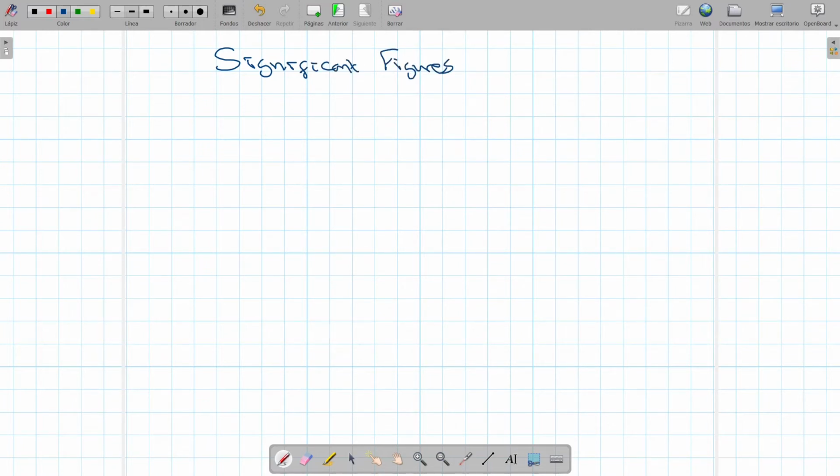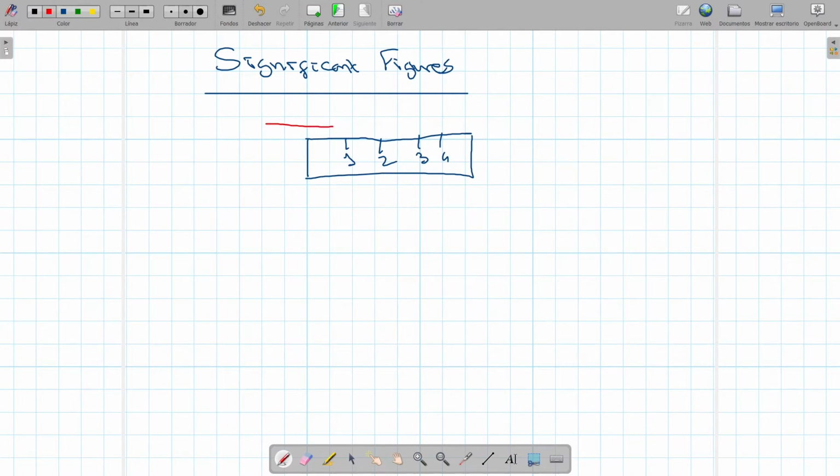Significant figures is a concept that depends a lot on the precision of instruments. So for example, if we have a ruler that measures centimeters, and we want to measure something like this, we could speculate that this is 1.2, 1.1, but we don't really know it because the precision of our instrument just measures 1 centimeter.